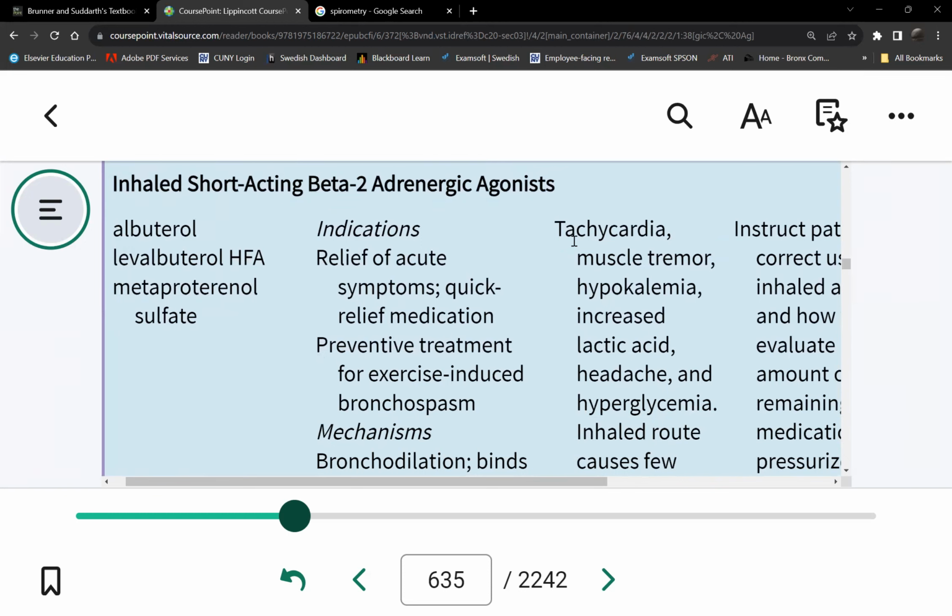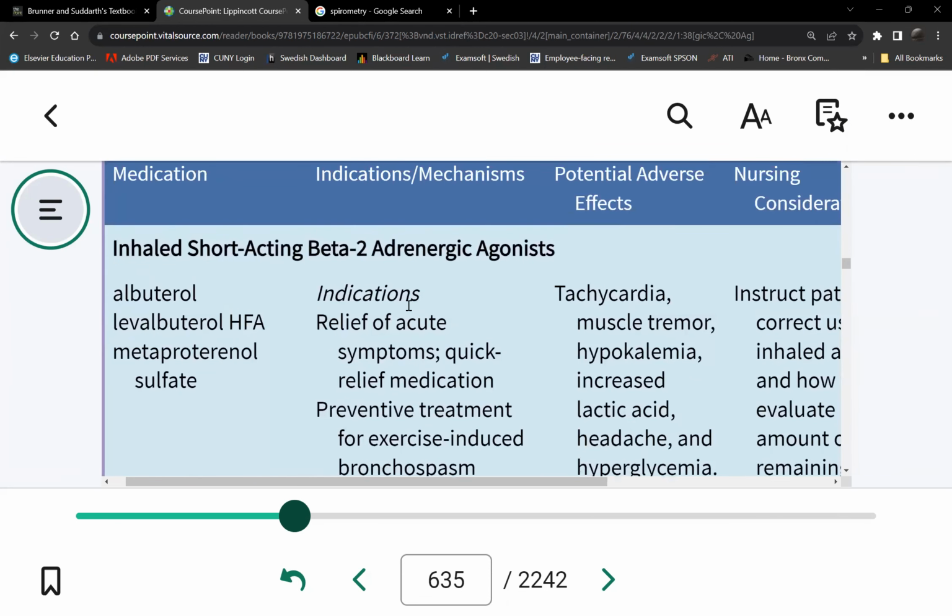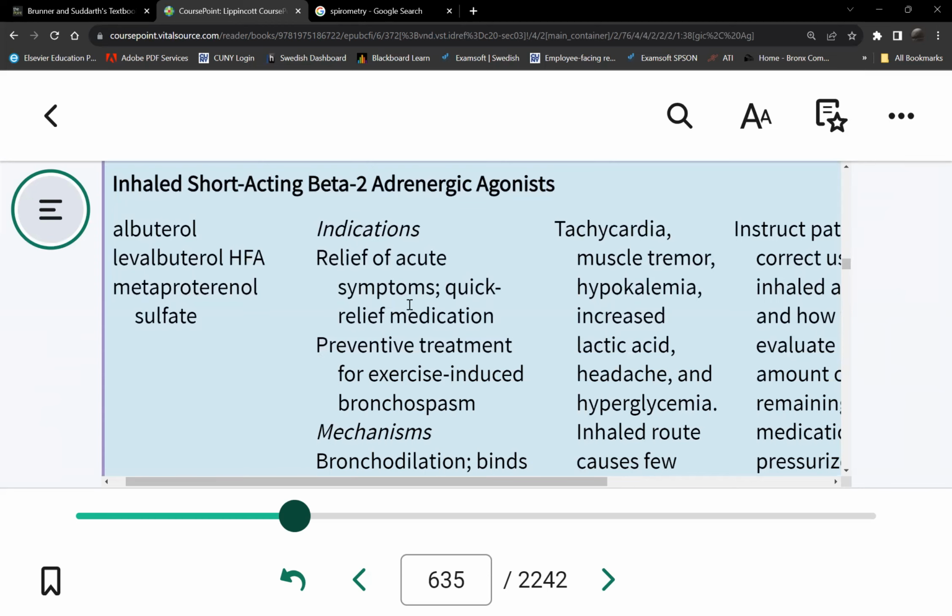Most common one is albuterol, Ventolin. This is for rescue, relief of acute symptoms. They are fast acting. However, they last a short duration also. So these are your SABAs, short-acting bronchodilating agents.